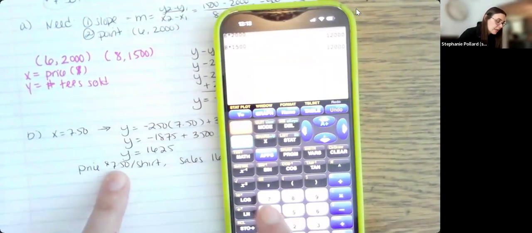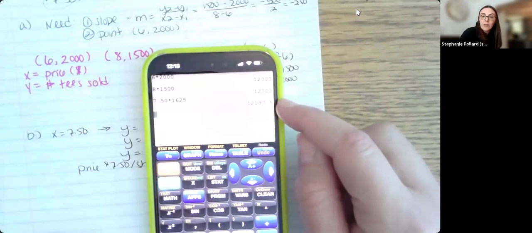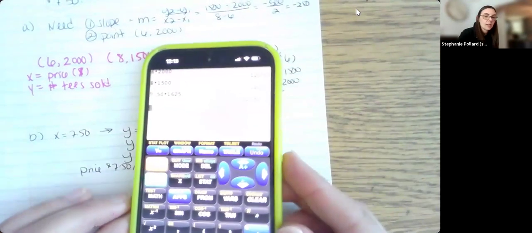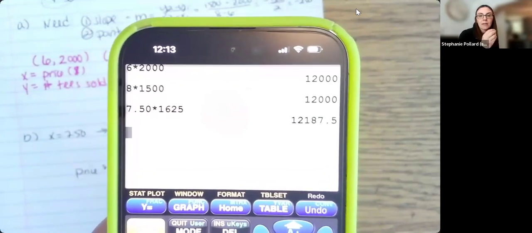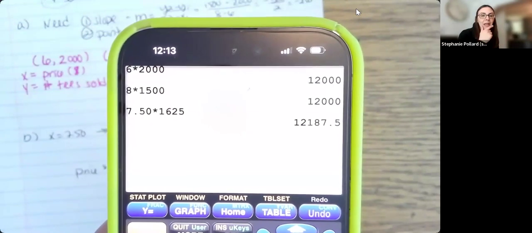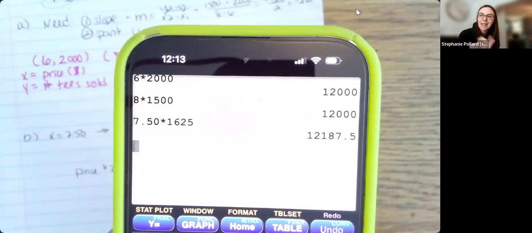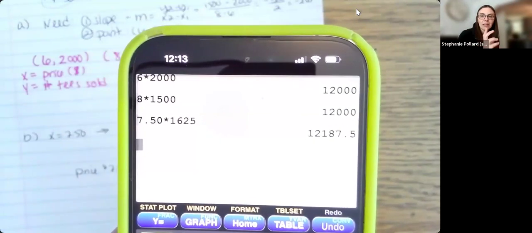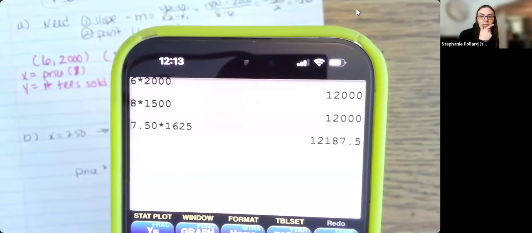And then our last one, 750 times that 1625, we actually see a slight change in the amount of revenue coming in. I know it's a little hard to see, so let me see if I can get this. That's a little better. So when we have $6 shirts and we sell 2,000 of them, we bring in $12,000 revenue. When I change the price to $8, even though I'm only selling 1,500, I'm still bringing in $12,000 revenue because the increase in price offset the decrease in number of shirts.